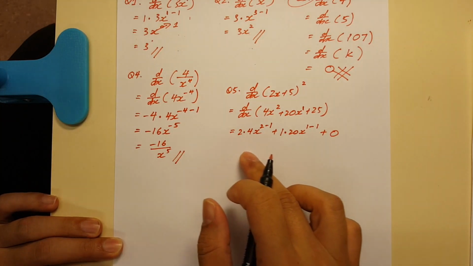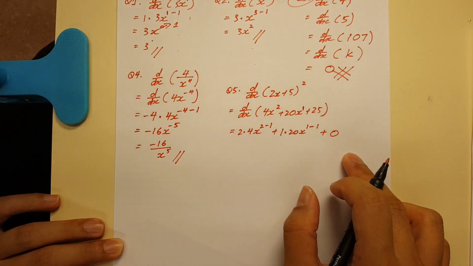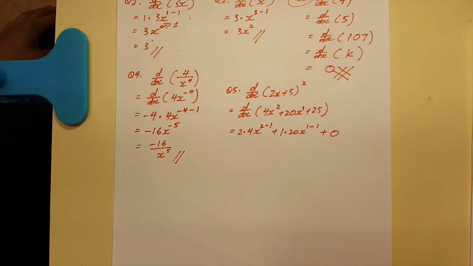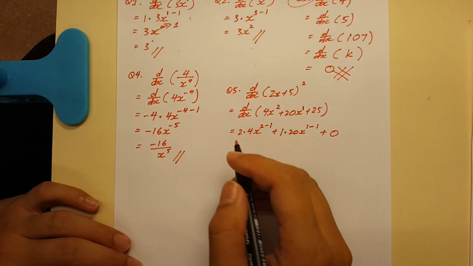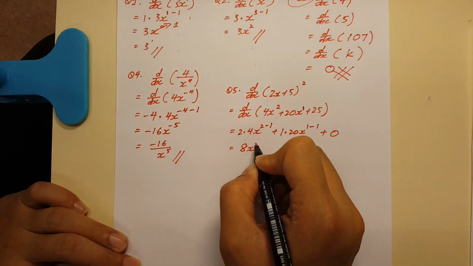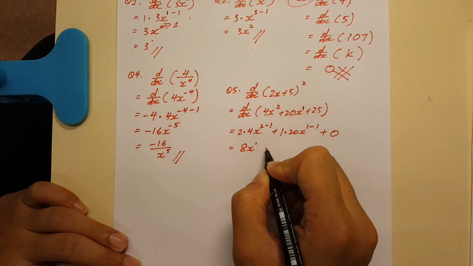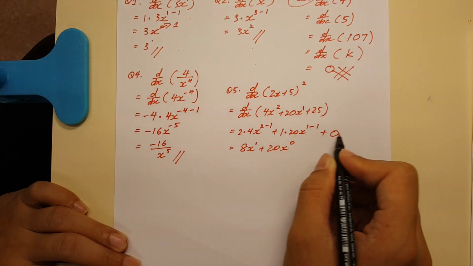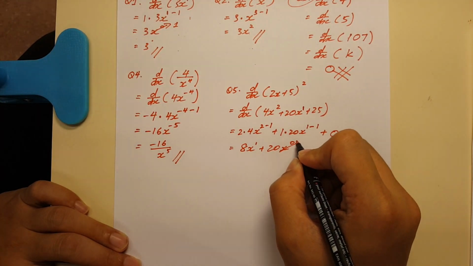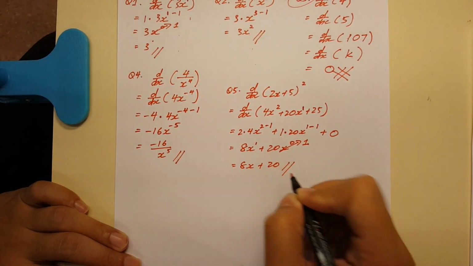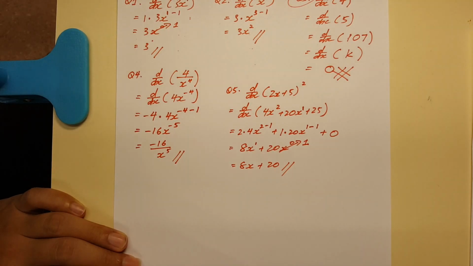I'm just writing it really explicitly in terms of the steps, but later on, once you get the hang of it, you don't even have to copy down things like that. Minus 1, not necessary. We can go straight to the point, right? So the answer here is basically 8x to the power of 1 plus 20x to the power of 0 and 0. I'm not going to copy it down. Here is basically 1. So it's 8x plus 20. That is the answer. Pretty straightforward, right?